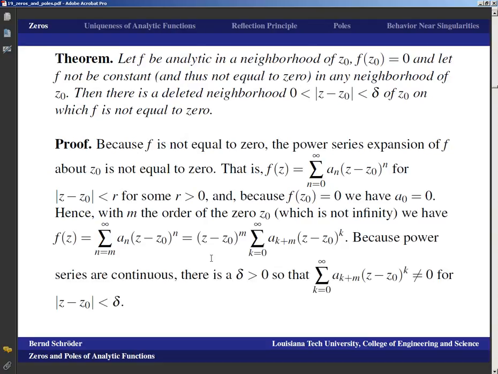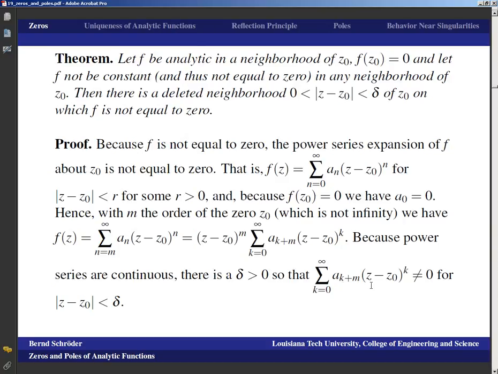And now because power series are continuous, there is a delta greater than 0 so that this power series is not equal to 0 for absolute value of z minus z0 smaller than delta, because a_m was not equal to 0, because m is the order of the 0 at z0.